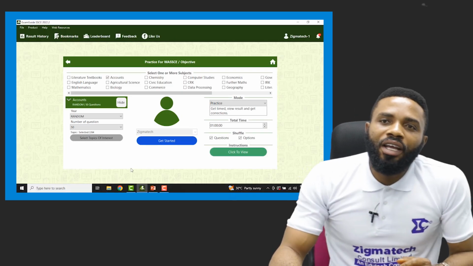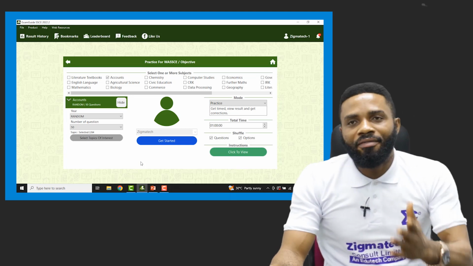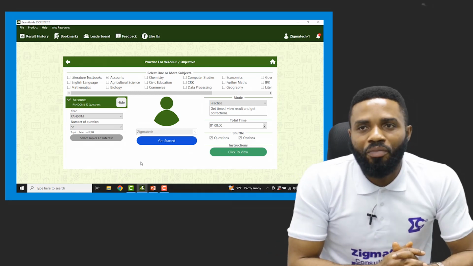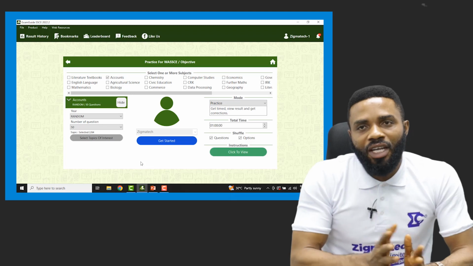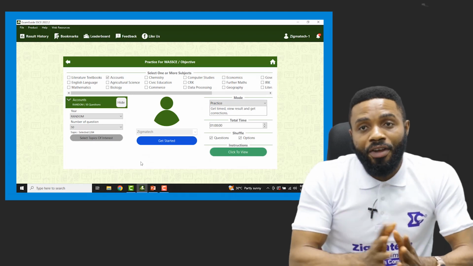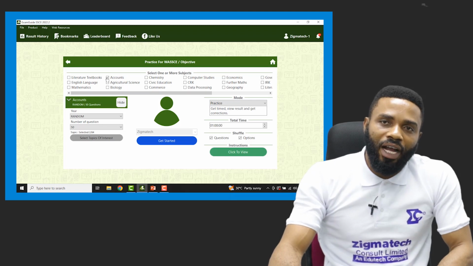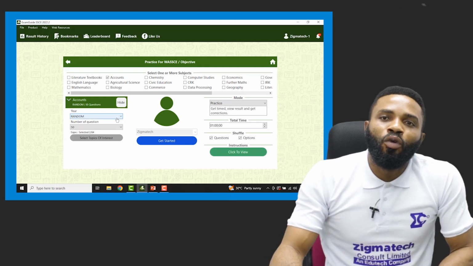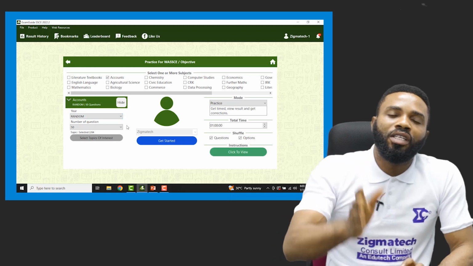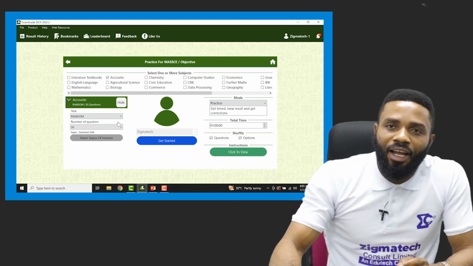All right, when you click on the exam guide, you have these options that will be displayed. You have the subjects, you have the various subjects. Our subject of interest is account. That is why account is already clicked. And then when you go to the year, you see all the years. If you observe there, random.